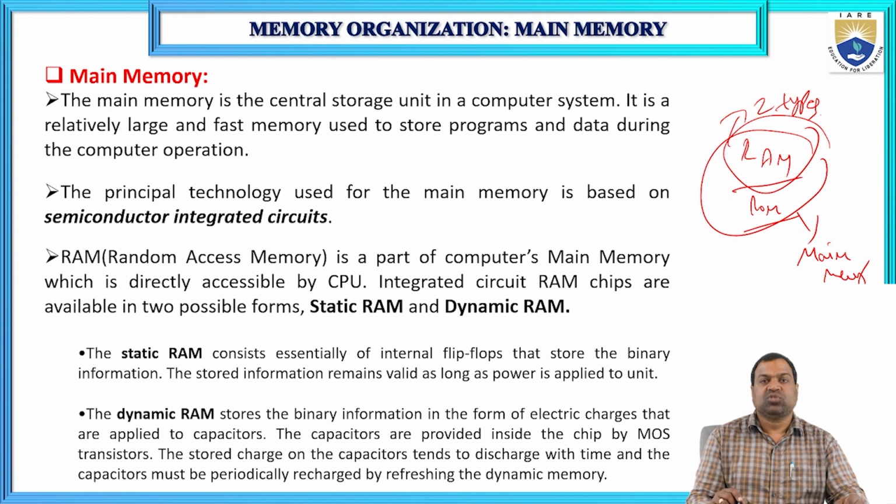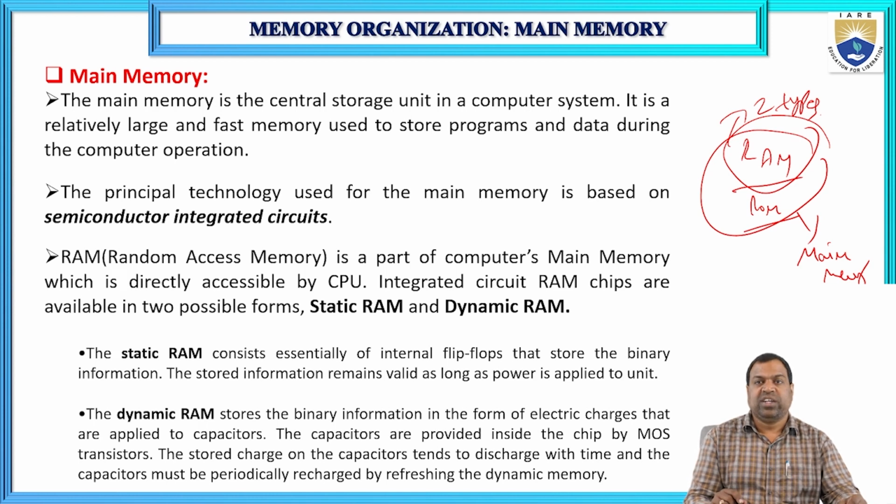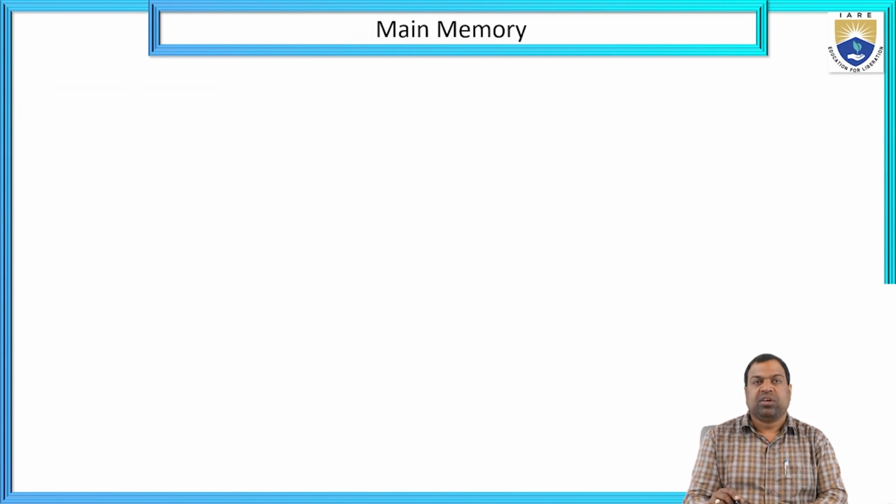And the dynamic RAM stores the binary information in the form of electric charges that are applied to capacitors. The capacitors are provided inside the chip by MOS transistors. The stored charge on the capacitors tends to discharge with time, and the capacitors must be periodically recharged by refreshing the dynamic memory.